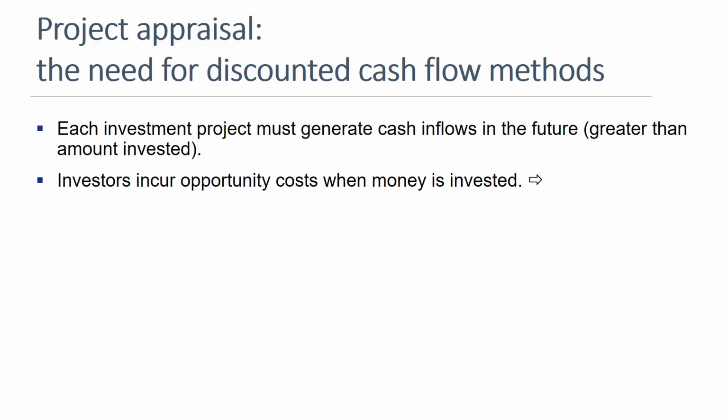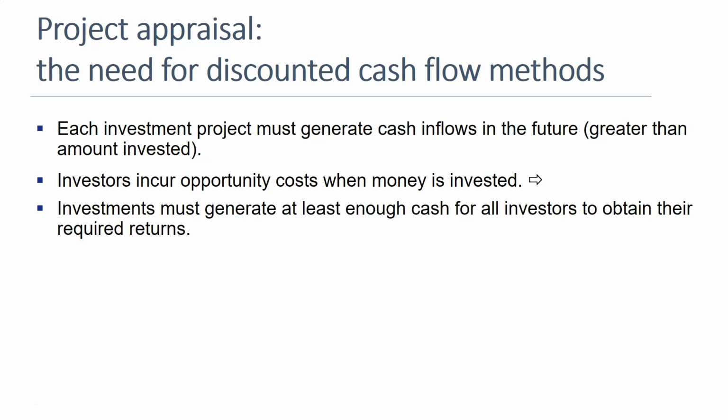Investors have alternative uses for their funds. They have opportunity costs if money is invested in a certain corporate project. That's why investments must generate at least enough cash for all investors to obtain their required returns. If they produce less than the investors' opportunity costs, then the wealth of shareholders will decline.